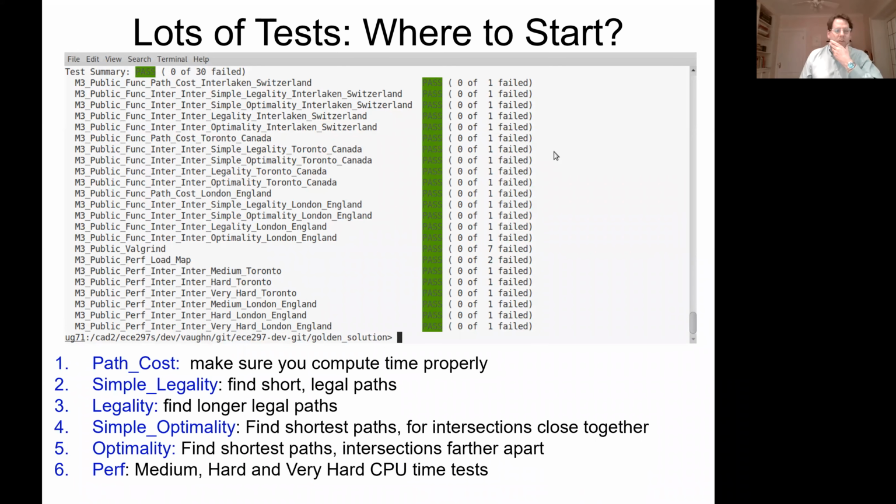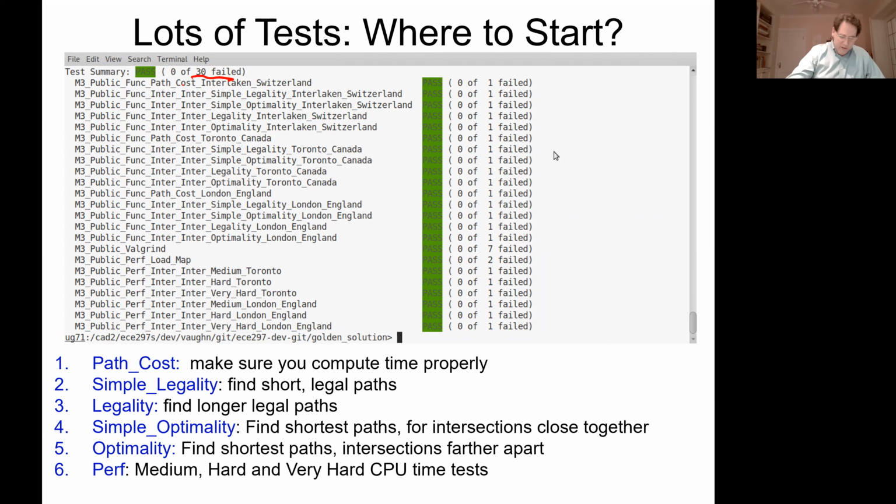So there are lots of tests. This is the milestone 3 test report for a reference solution, and you can see there are 30 separate tests. Now they overlap a lot. We create a lot of public tests, so you can see how things are going. So what's your strategy? You're going to start off failing lots of tests.